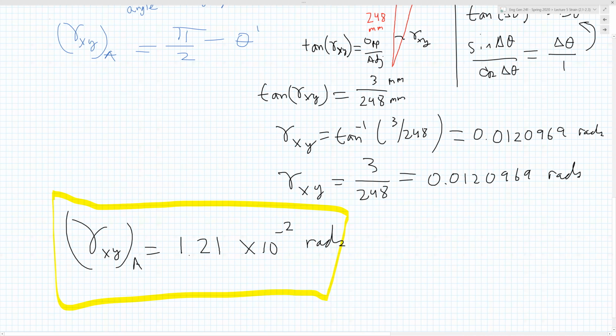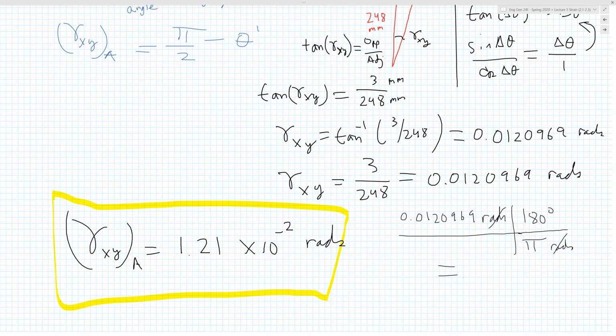Now you know that pi radians is how many degrees? 180. Radians cancel. So whatever this value is, multiply by 180 over pi, and it looks like, Luke, you get 0.693 degrees. So it's a very, very small angle, right?